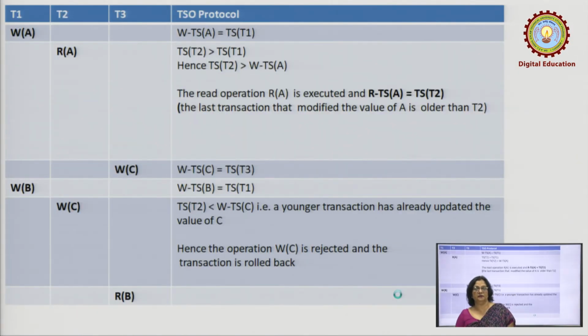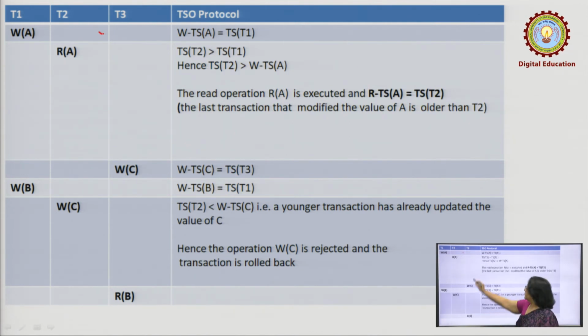First, let us apply the timestamp ordering protocol. So, WA over here is executed and the write timestamp of A is set to the timestamp of the transaction T1.